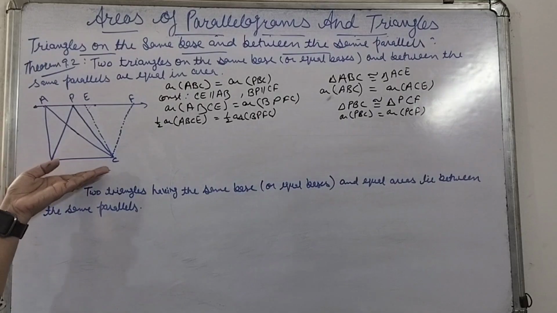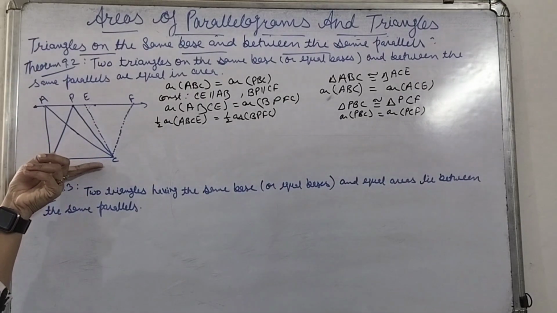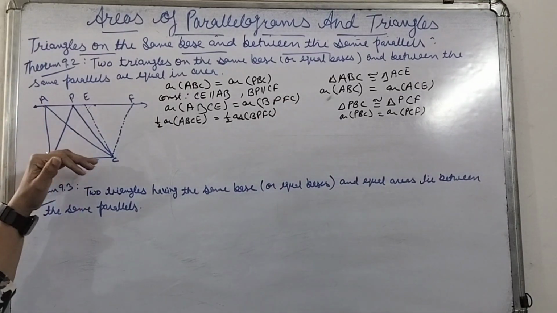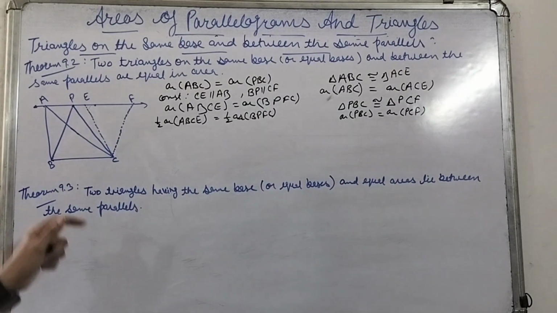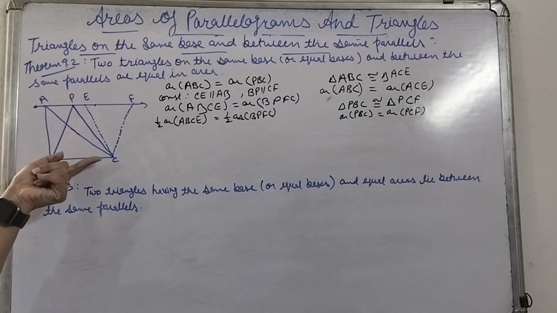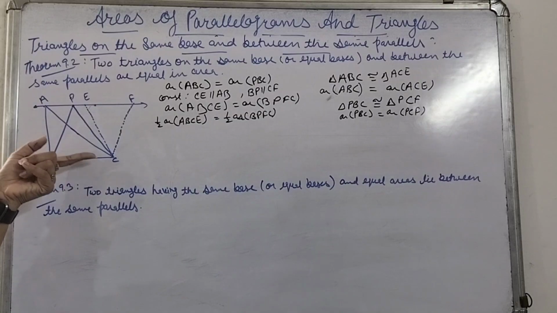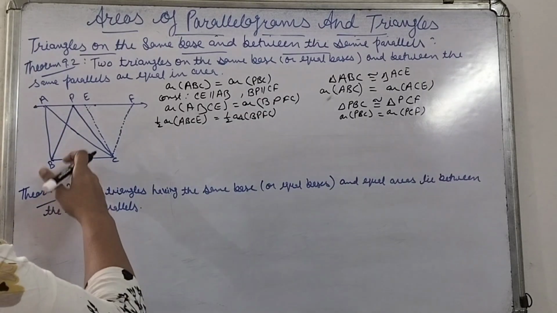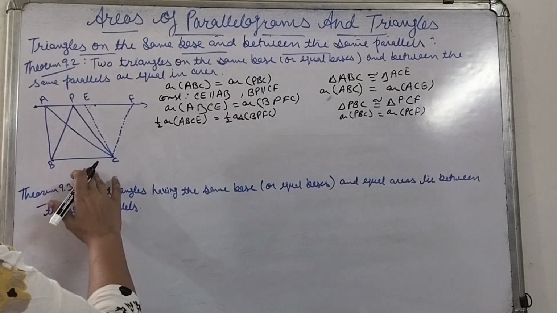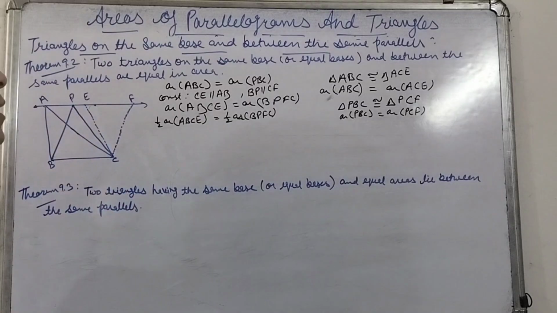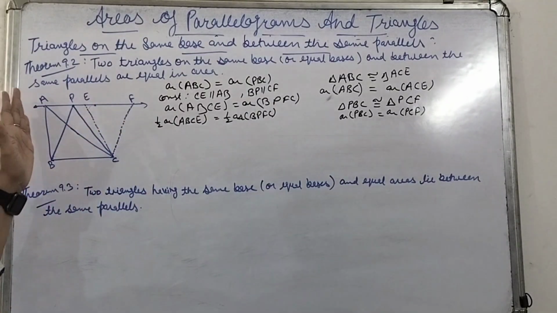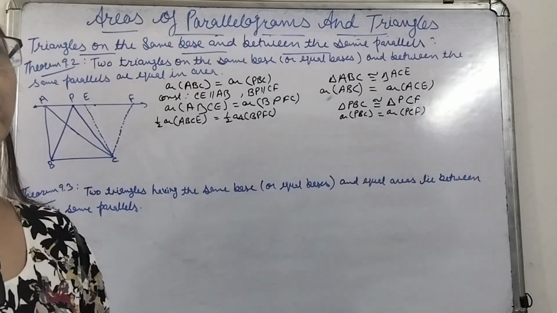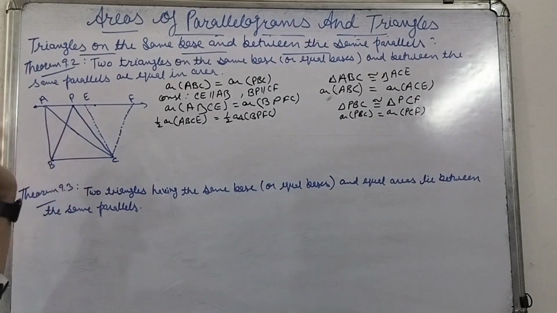And we know that if there are two parallelograms on the same base and between the same parallels, then their areas are equal. And if there is a parallelogram and a triangle on the same base and between the same parallels, then the area of the triangle is half of the area of the parallelogram.